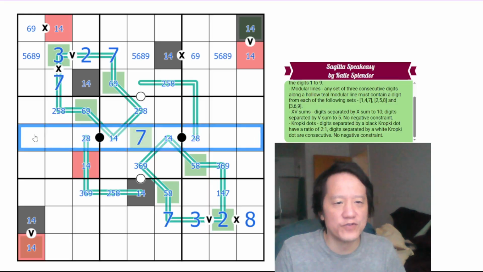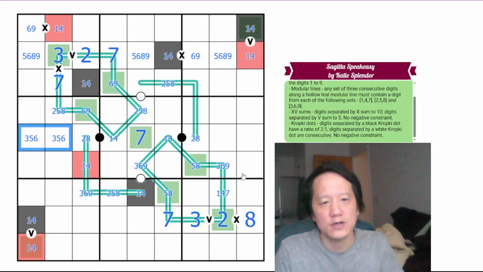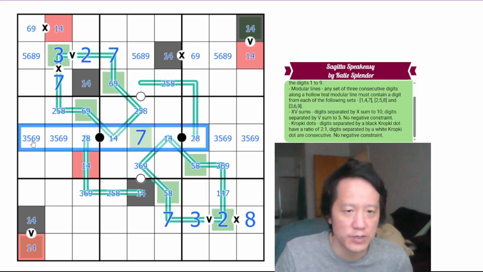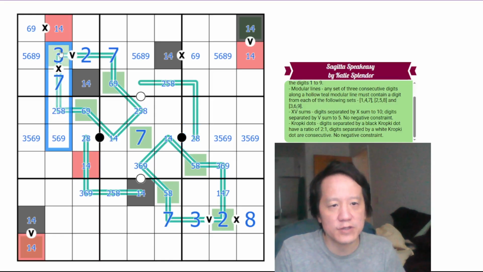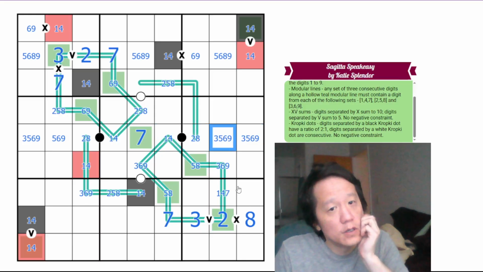The rest of row 5 has to be 3, 5, 6, and 9 because of the 1, 4 and the 2, 8 pairs in the rows already. This can't be 3, obviously, because of the 3 in the column. Let's see.